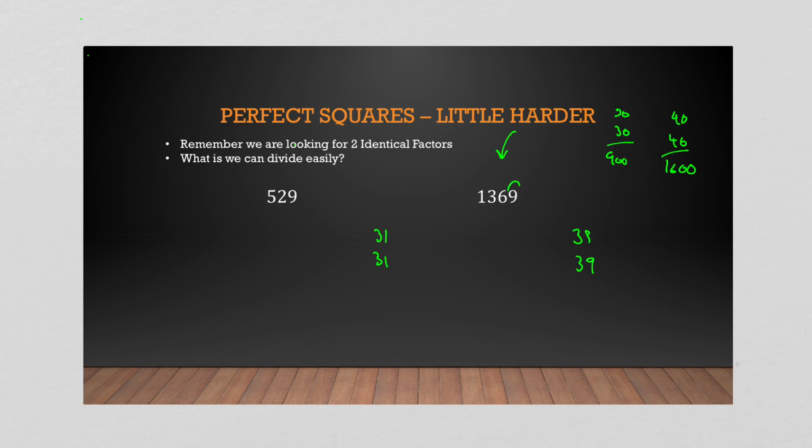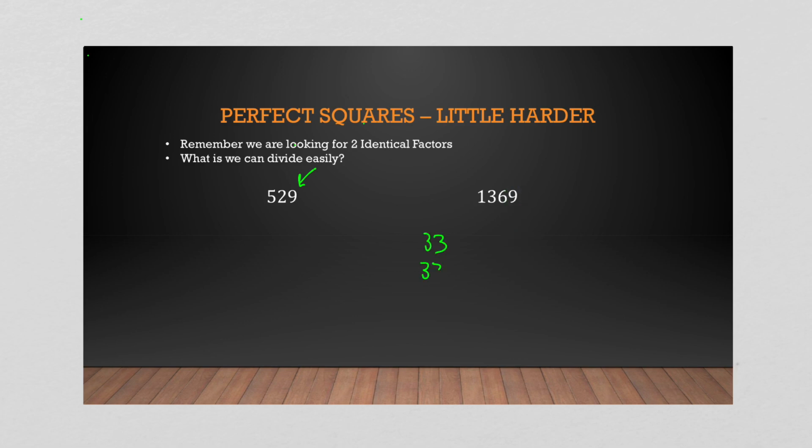Thing is, this back number is a 9. So similar to this, we're either going to have 33 times 33, because 3 times 3 is 9, or we're going to have 37 times 37, because 7 times 7 is 49, which gives you 9 as a back number.